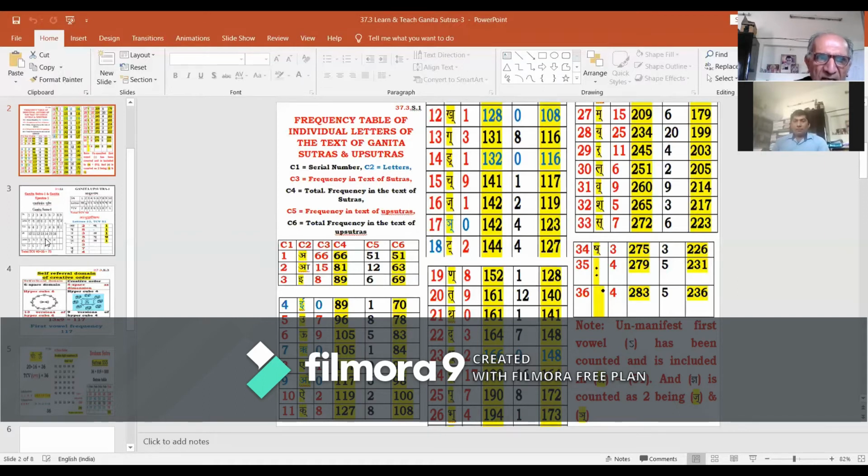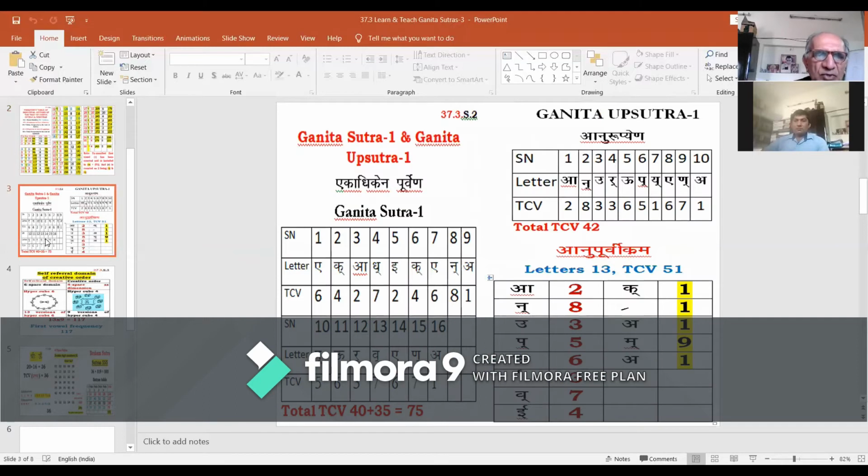It is only with the imbibing of this feature that we will be parallel with the organization format feature of the mathematical domain of Ganita Sutra.